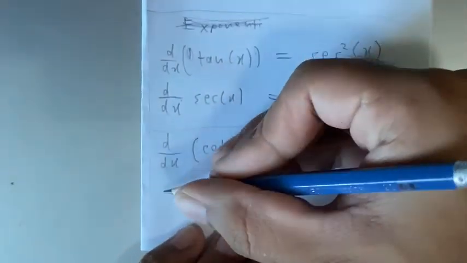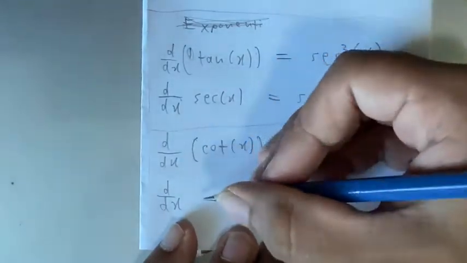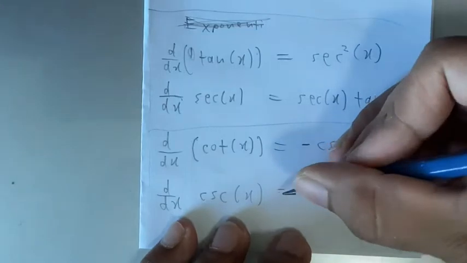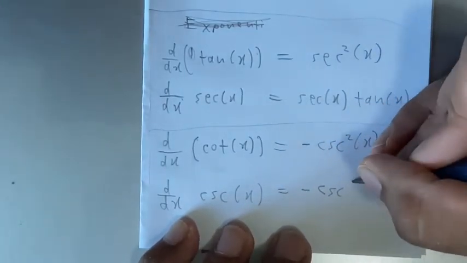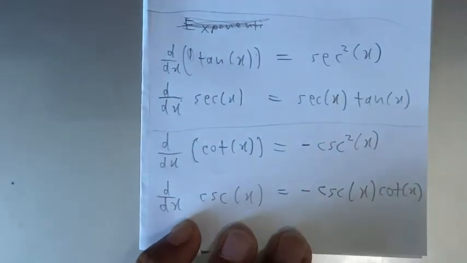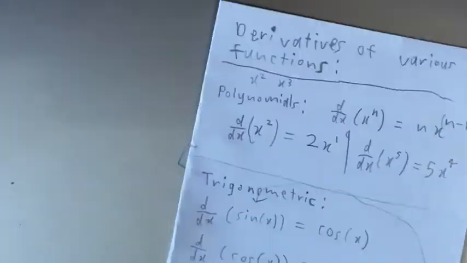And if you do d by dx of that other one, cosecant x, that becomes minus cosecant x cot x. So it's like this but negative.